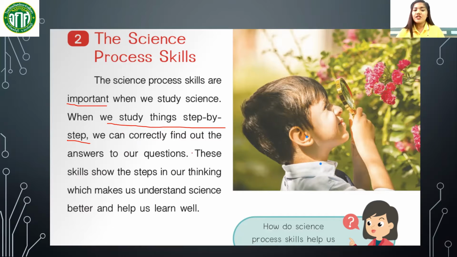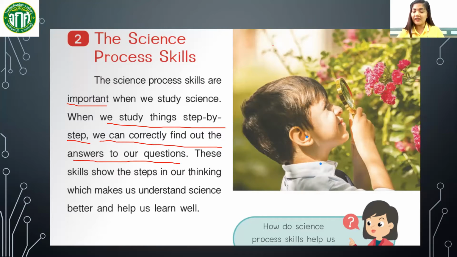All right, so these skills show the steps in our thinking, which makes us understand science better and helps us learn well. Okay, so again, the science process skills are important because they help us study things step by step so that we can correctly find out the answers to our questions.